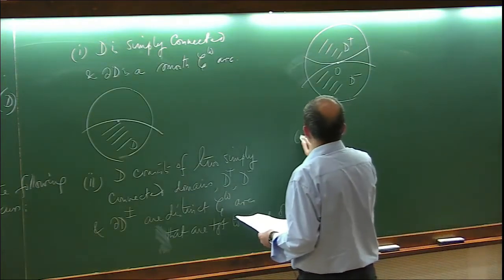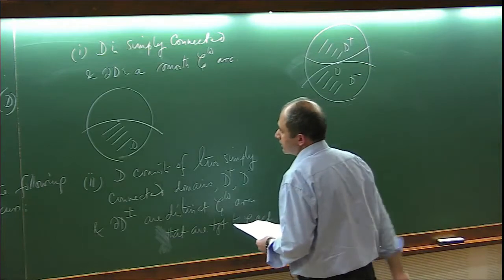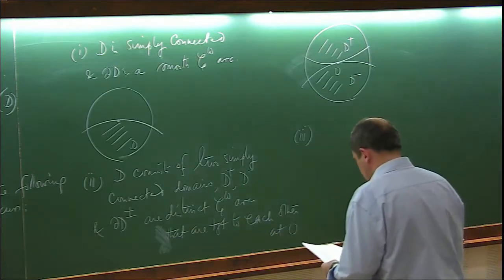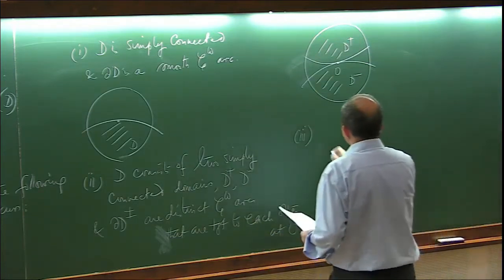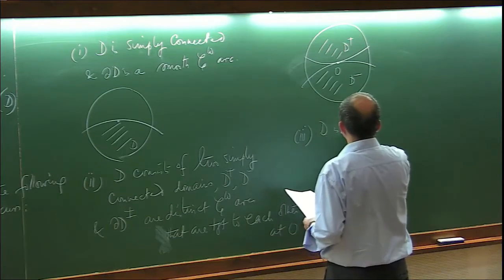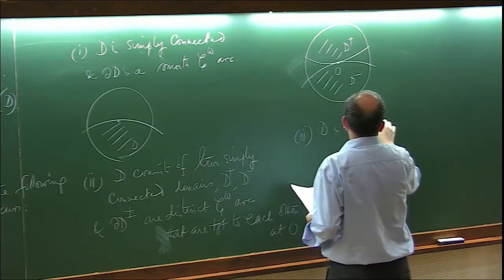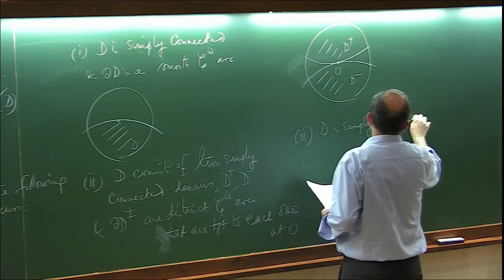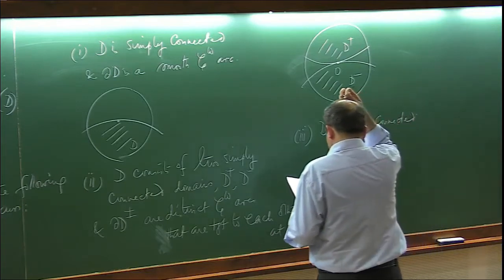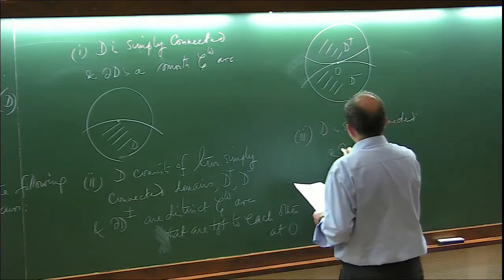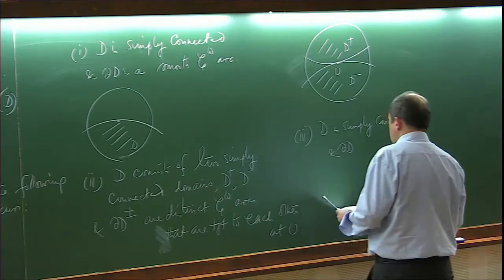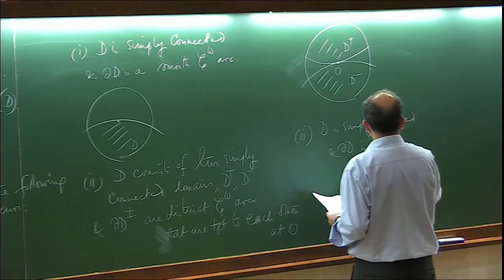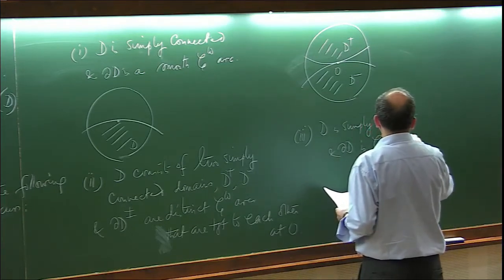And number three, D is simply connected and the boundary is smooth real analytic away from 0.